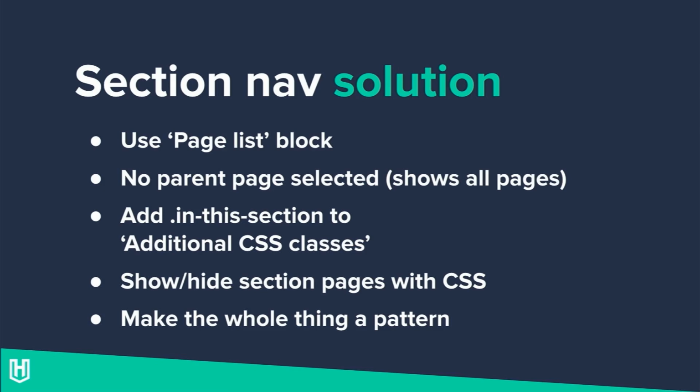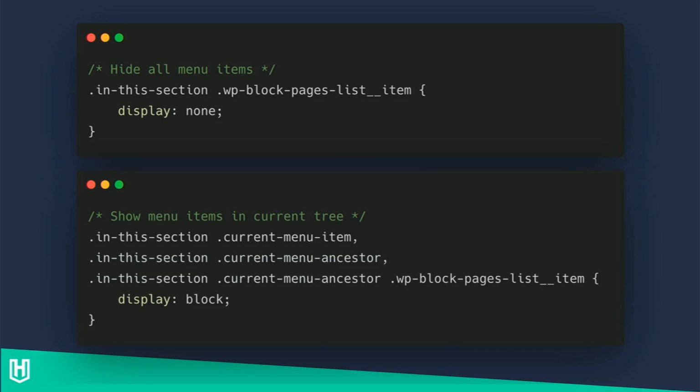And then we just showed or hid things with CSS because the markup for that has all the classes that you need, whether it's the current page menu item or an ancestor or a child. It's got all the classes built in just to show the ones that we needed at any point. And the solution was just to make that whole thing a pattern so that the client didn't need to go and add the class to the additional CSS classes.